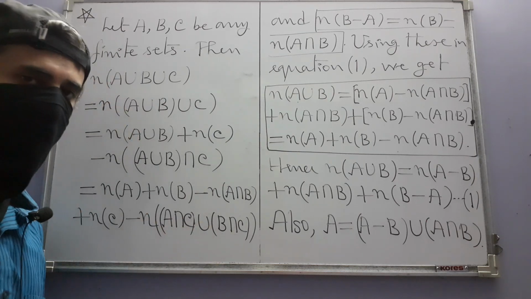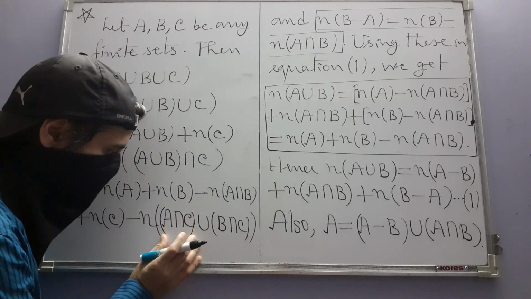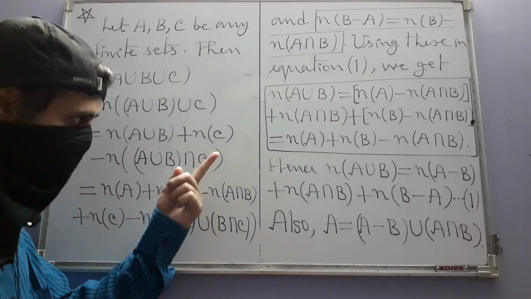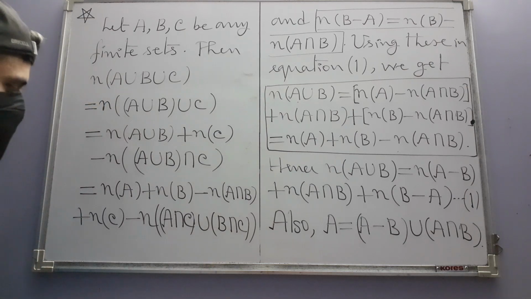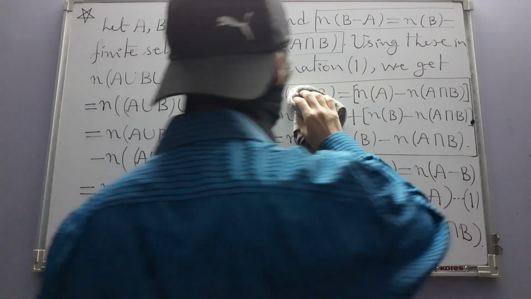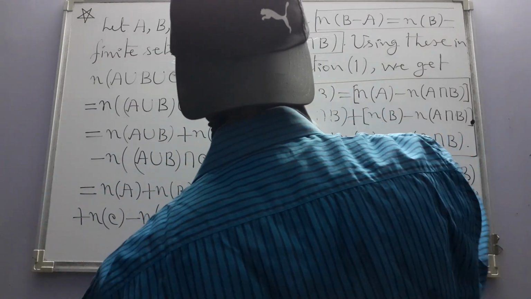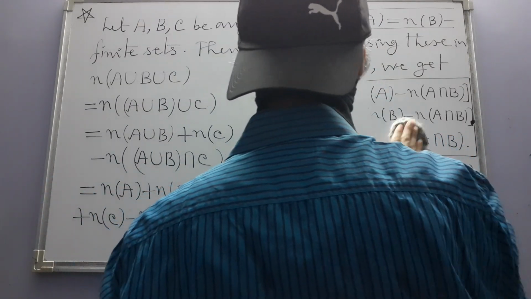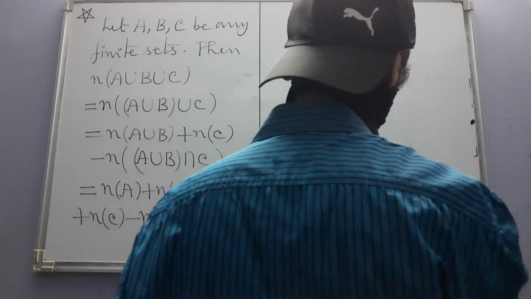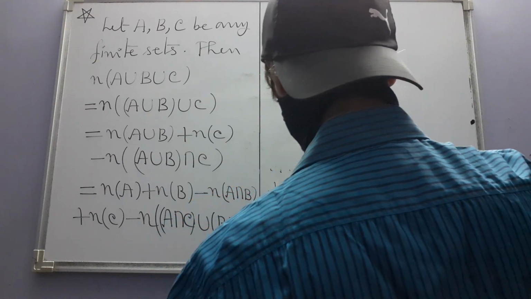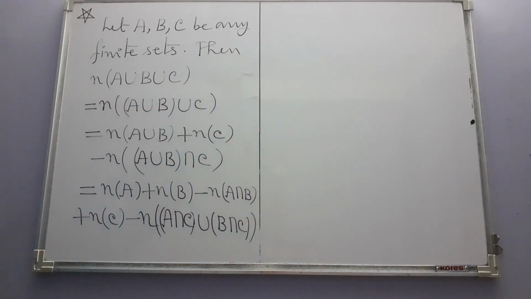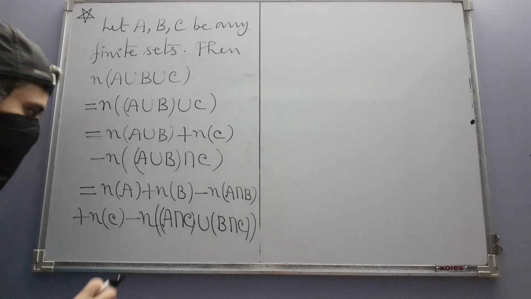And this is now a union of two sets, one of which is A intersection C and the other is B intersection C. So we are again in a position to use that formula here.